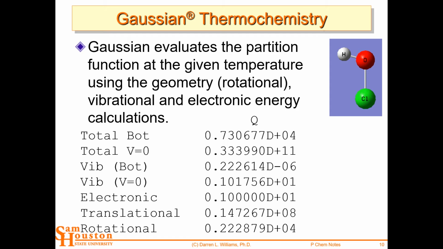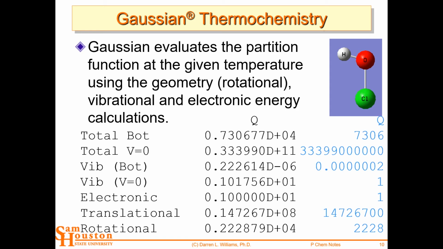This is old school scientific notation in Fortran that Gaussian was programmed in starting in the late 60s. Instead of times 10 to the, it's just d plus 4, d plus 11. Now in Excel, it doesn't understand d, but it does understand e. So if you just replace those d's with e's, these numbers would go right into Excel.